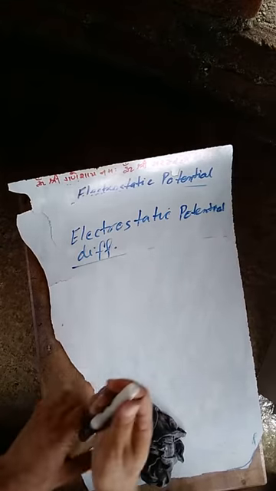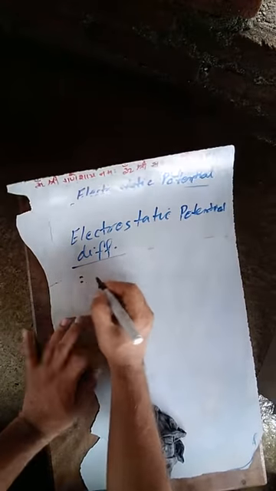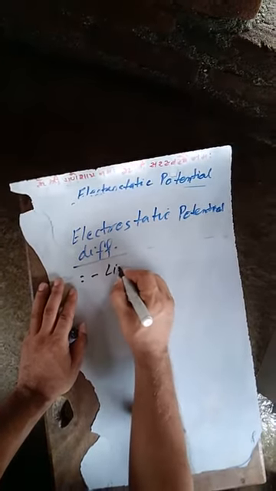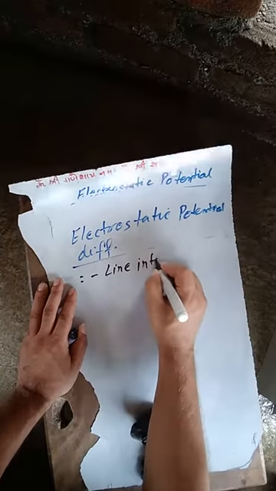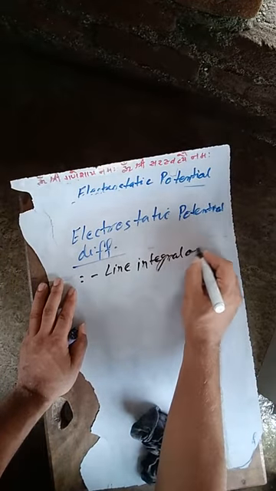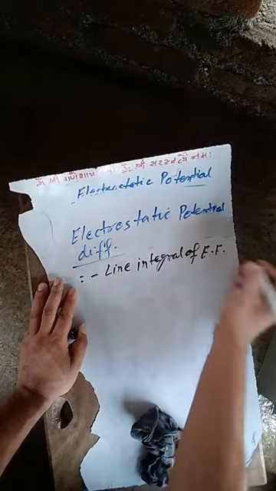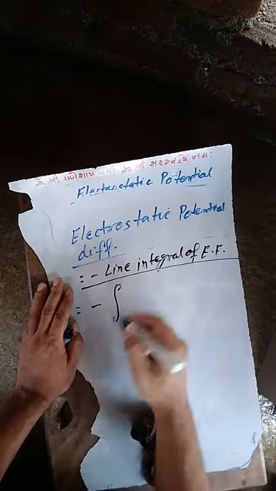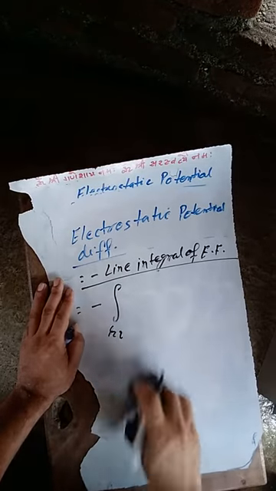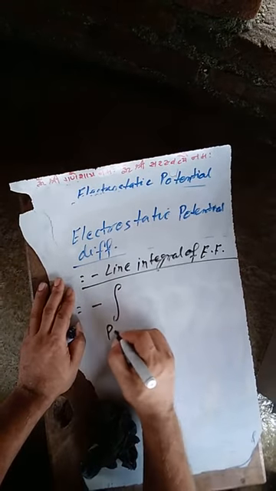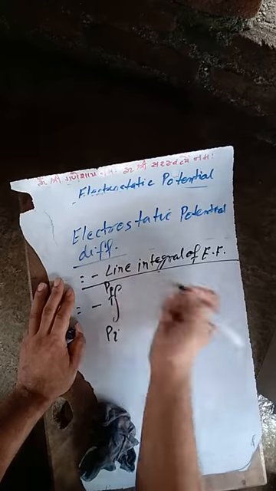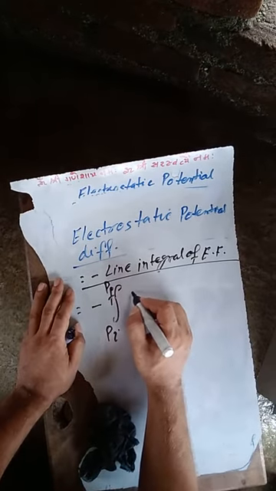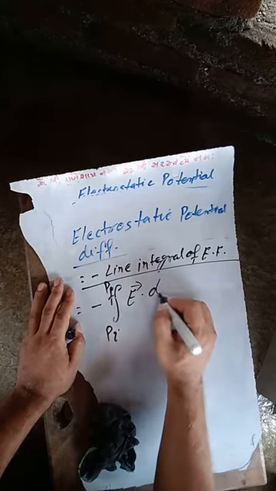It is actually the negative of the line integral of electric field. Now what is line integral? We know negative integral from Pi, the initial position, to Pf, of vector E dot dl.